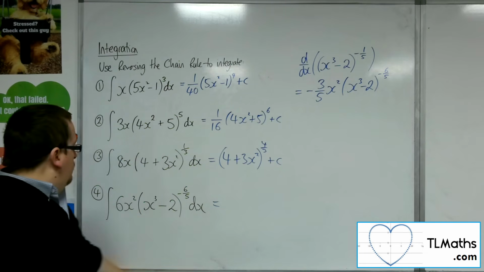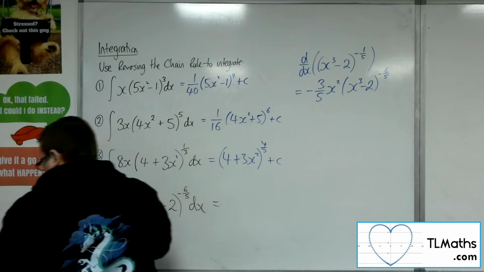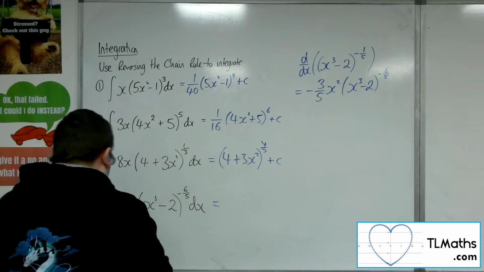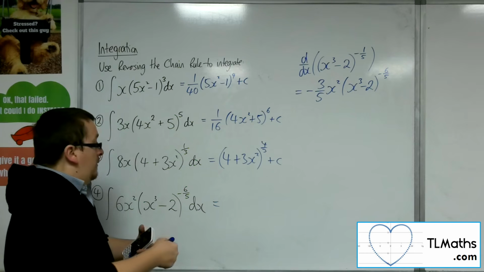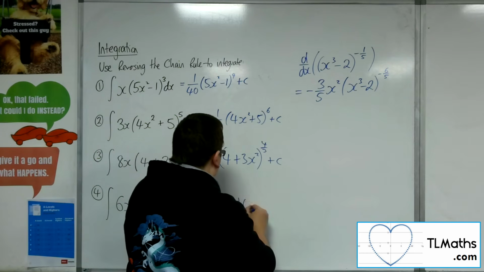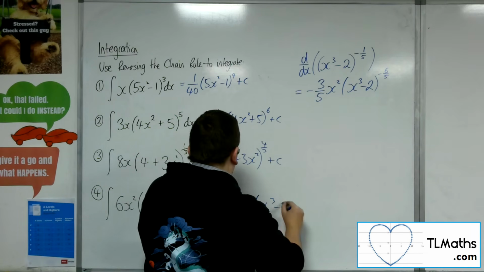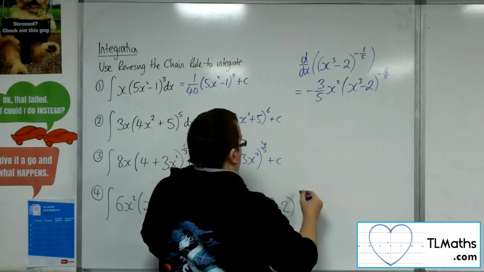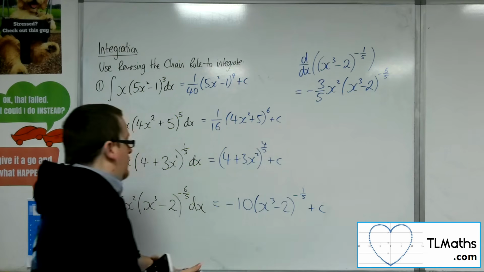So if we use the same trick, 6 over minus 3/5, okay? So 6 divided by minus 3/5 is minus 10. So minus 10 lots of (x cubed minus 2) to the power of minus 1/5 plus c.